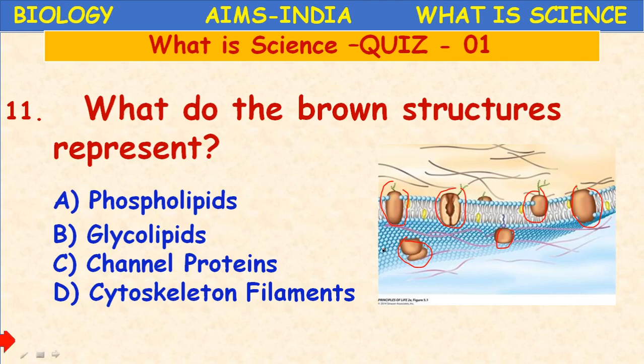Yes, they represent the channel proteins. The green things represent carbohydrates, chains of carbohydrates. So this entire structure represents glycoproteins. So channel proteins. The answer is C.